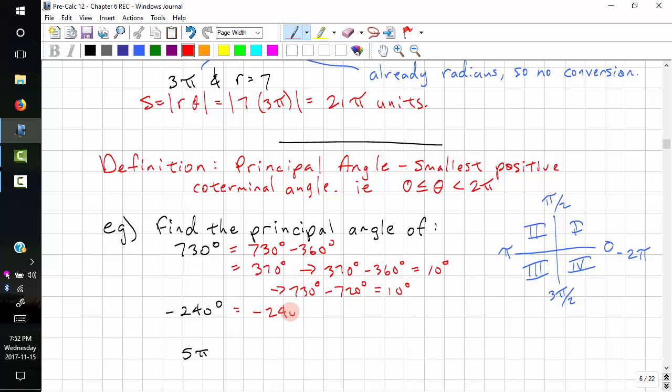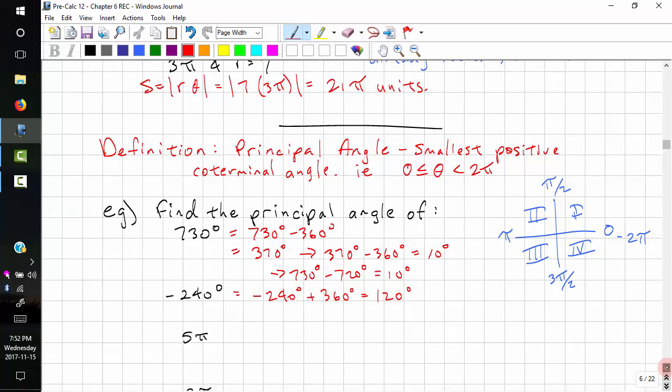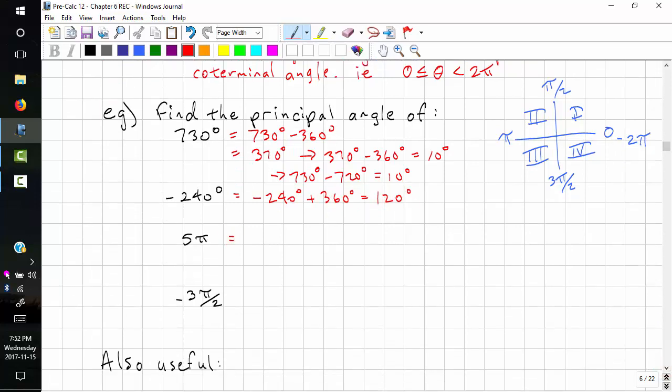This time we have to add 360 degrees. Here we're in radians. We can just subtract even pi's. So we have 5 pi minus 4 pi. And that's just pi.